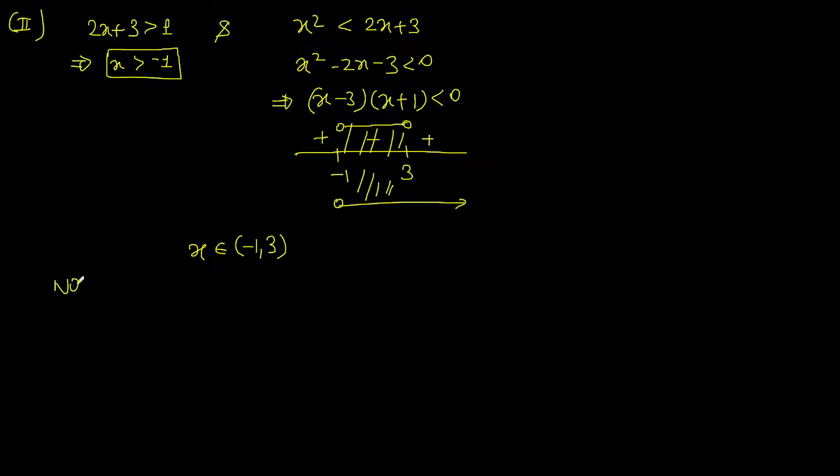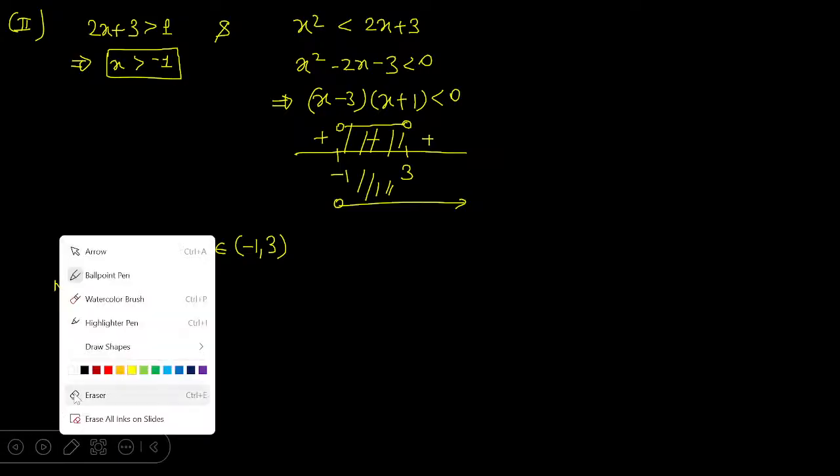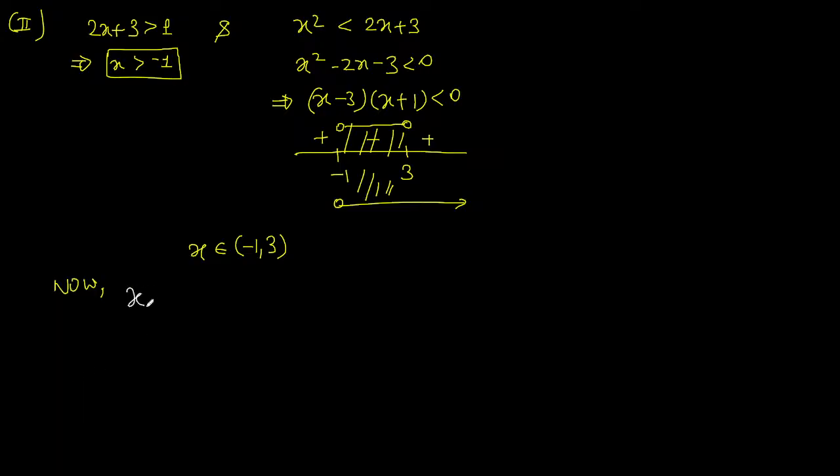Now from first one we have x belongs to minus 3 by 2 to minus 1, and from the second one we have minus 1 to 3. Yes, this is the answer. You got it. You got the understanding.